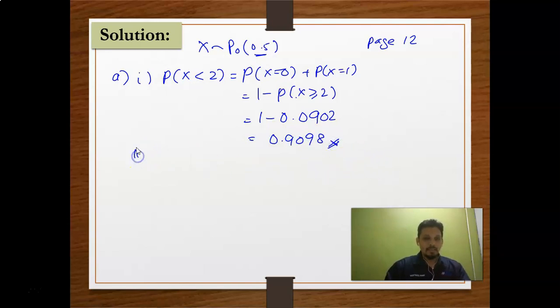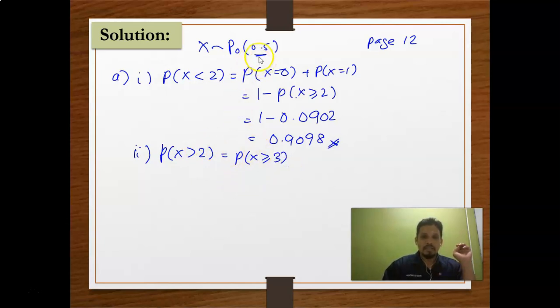The next question: more than 2 accidents. For a discrete distribution, because it does not include 2, we start after 2, so x greater than or equal to 3.